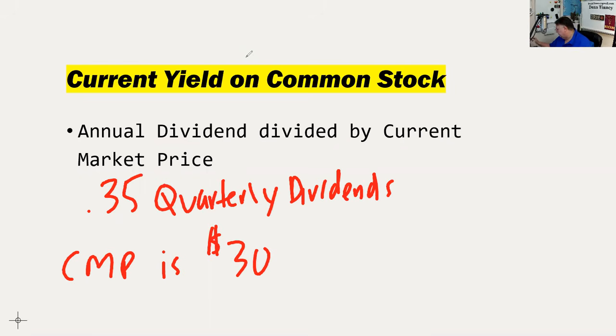What is the current yield? As I told you, the vast majority of the math on the test is division. So if you can't decide what to do, you want to divide.